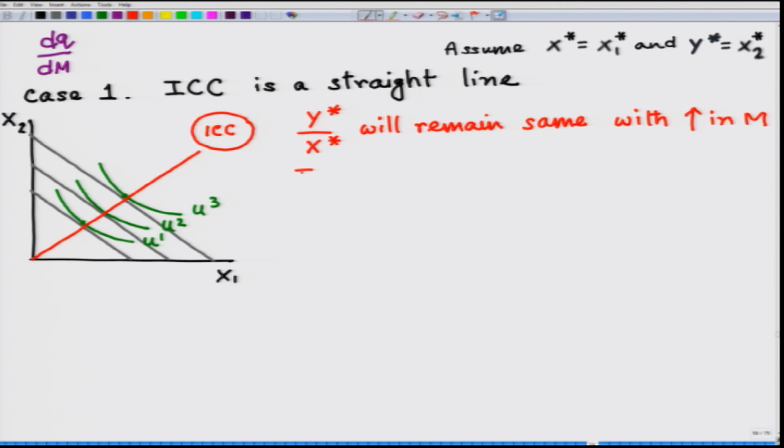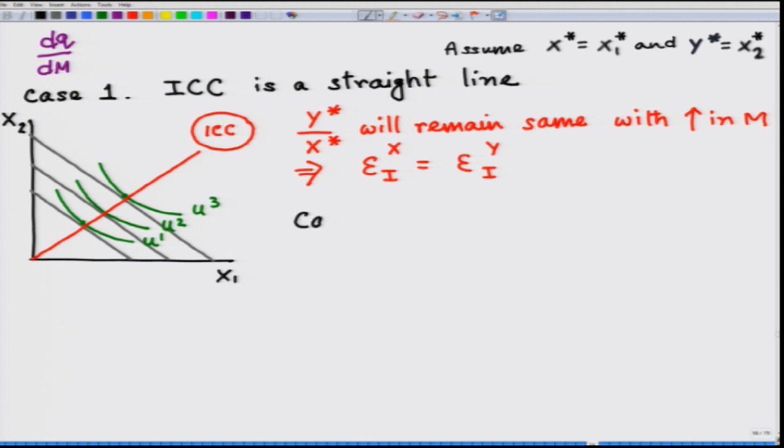So, that implies that income elasticity of both the commodities are actually the same.